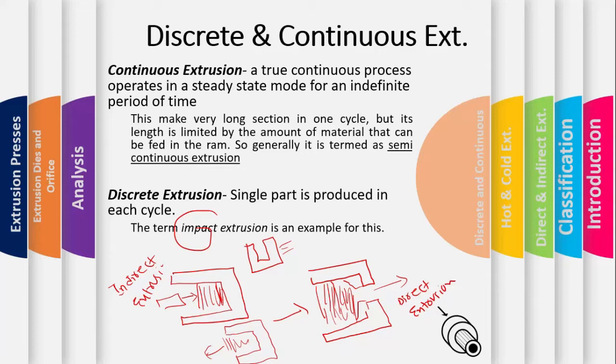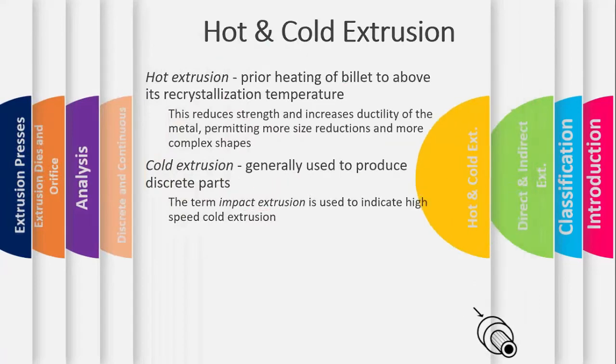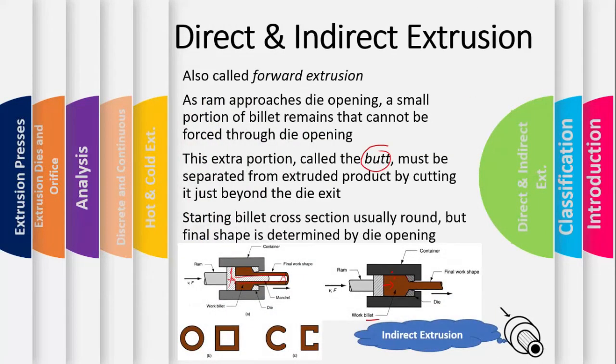Now if we move towards the analysis of the extrusion process, one of the things that we have left while discussing the direct extrusion is this. When we are performing this forward extrusion as a hot extrusion process, one of the problems we encounter is that, as we know, in the case of the direct extrusion there is friction between the container and the work part.